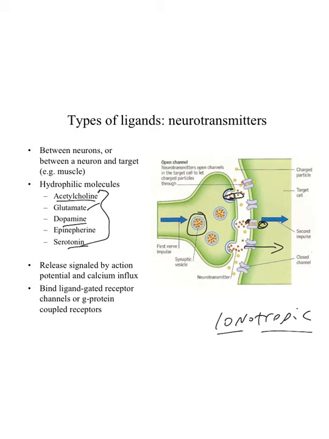And they're all released when an action potential invades the axon of the presynaptic cell. Now, later on, we'll see there's two different types of receptors that neurotransmitters can bind to. I've focused on the ionotropic variety here. Later on, we'll focus on something called the G protein coupled variety.